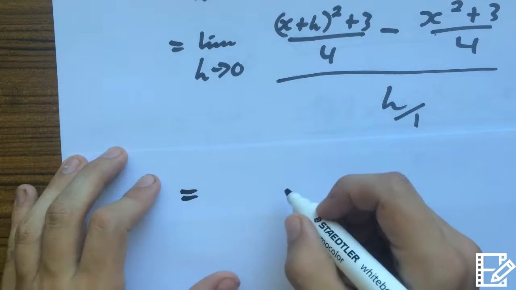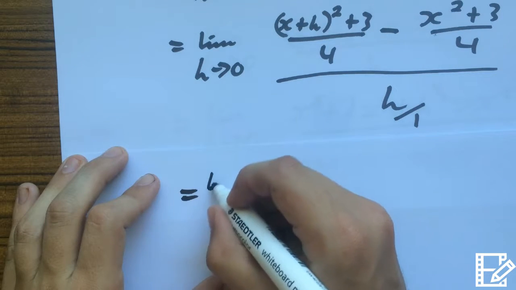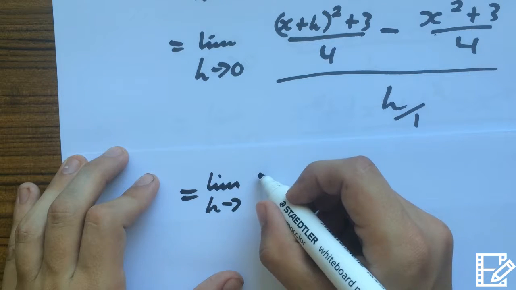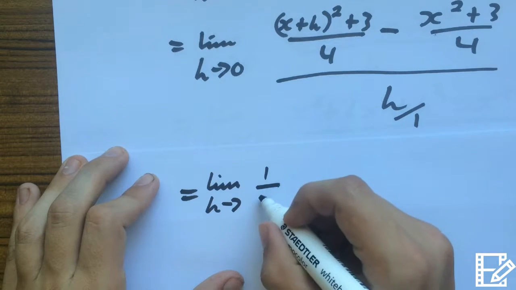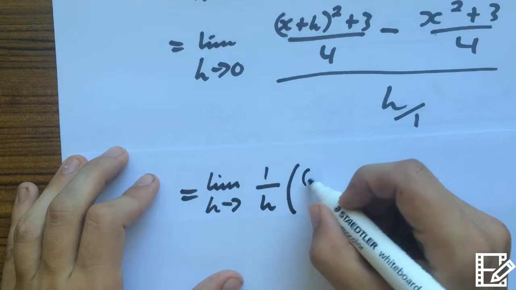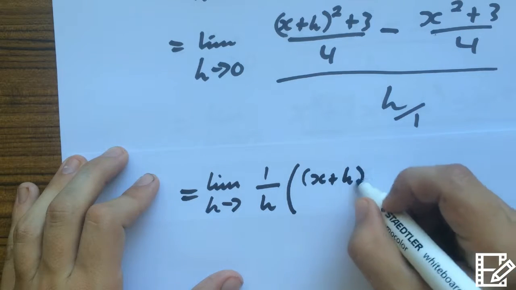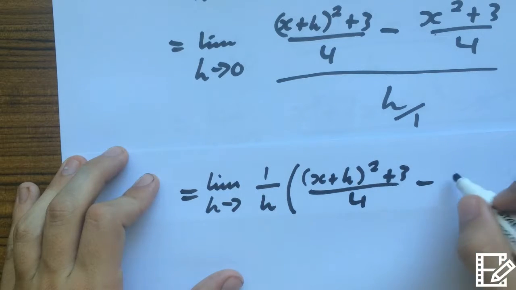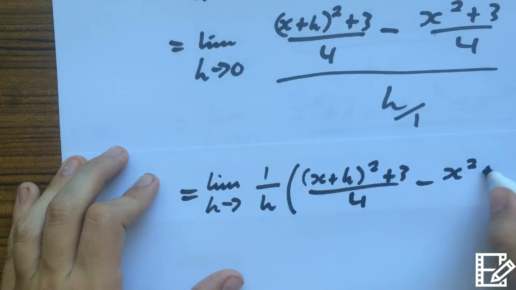That means that we'd have a limit as h approaches 0, and we'd have 1 over h multiplied by x plus h squared plus 3 all on 4 minus x squared plus 3 on 4.